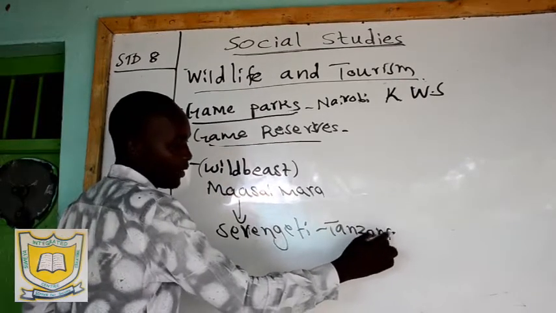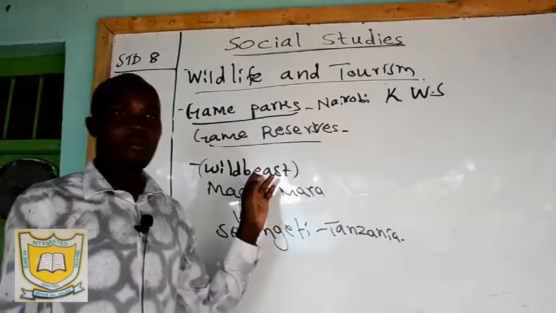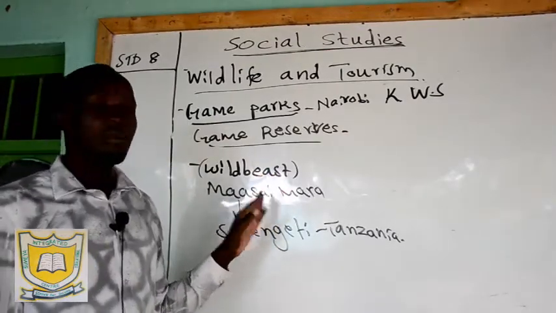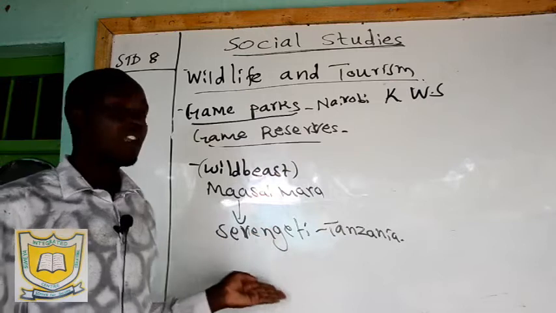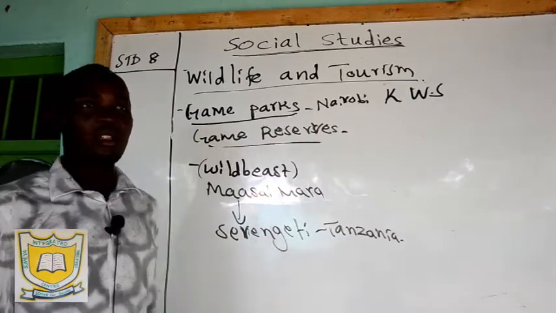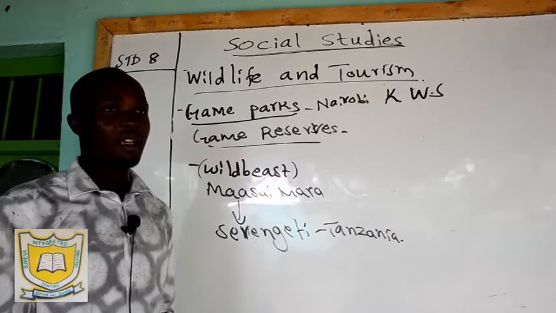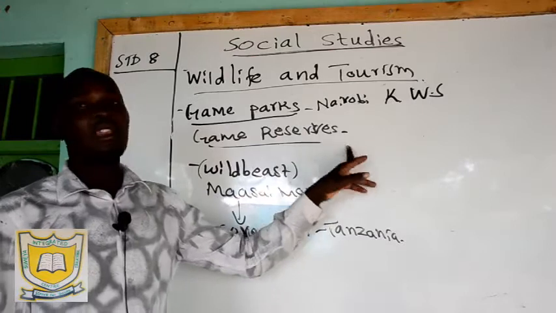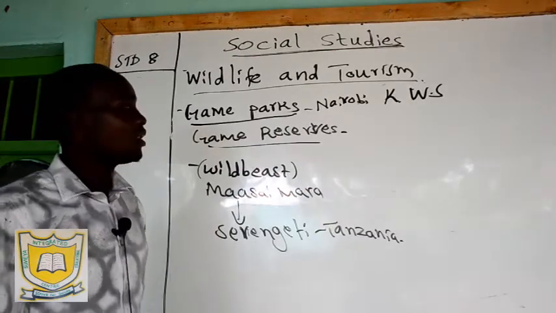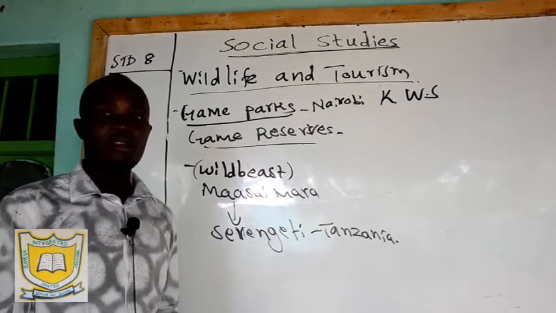Every year there is migration of millions of wildebeest from Masai Mara, and even the zebra. They cross River Mara and head to Serengeti National Park in Tanzania. Reserves are managed by the county government. A very good example is Masai Mara National Reserve.